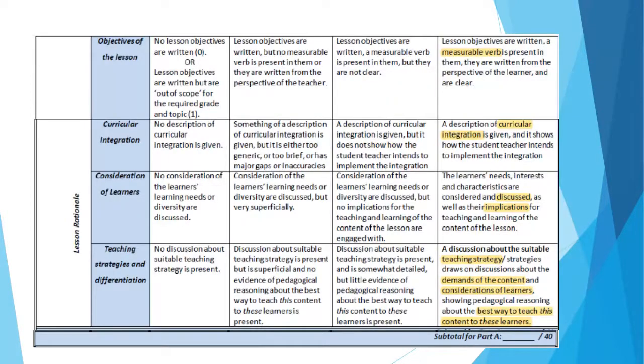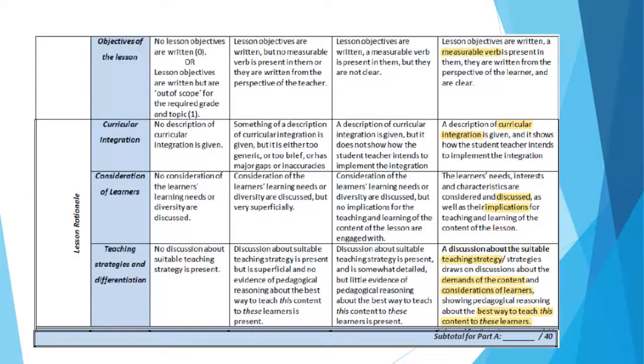Then the objectives of the lesson are written, a measurable verb is used, and they are written from the perspective of the learner and are clear. Remember, if you list lesson objectives, you need to make sure that you do indeed cover them in your lesson and do what you are saying you are going to do in your lesson objectives.